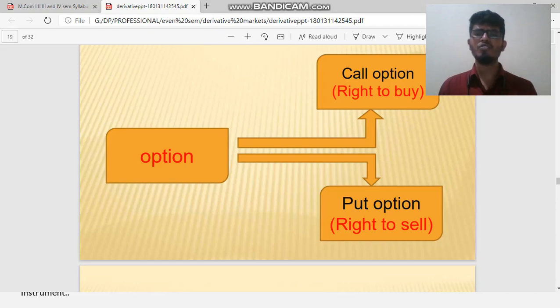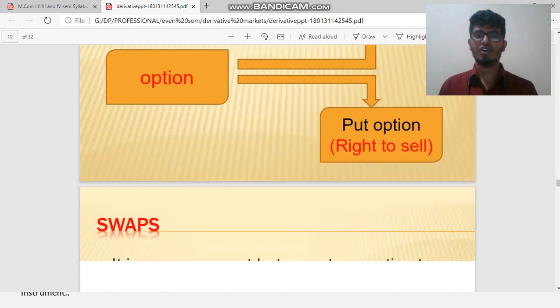That amount is called the premium. Whether the contract is executed or not executed, that decision is in the hands of the holder, correct? Whatever may be the case, execution or not, the person in the writing position, the person who has the obligation, will get the premium amount. So this is about the option contract.